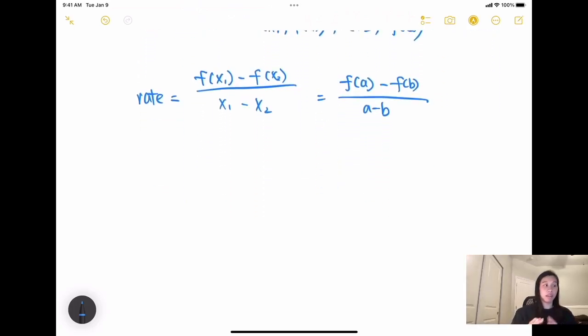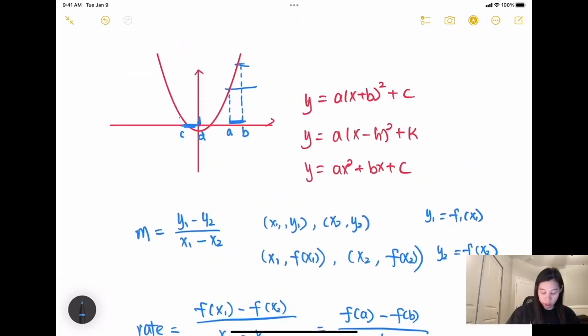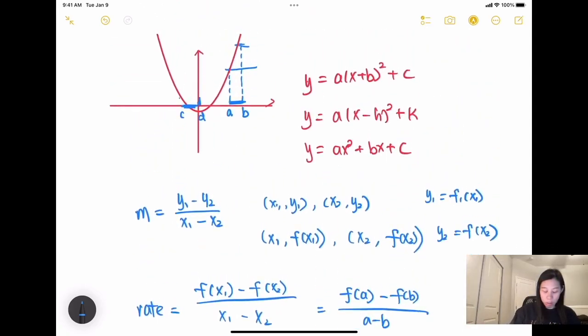So by the definition, we can find two points, connect these two end points together, and you will have a straight line. And then the rate of change, which is the slope, we will call the average rate of change.